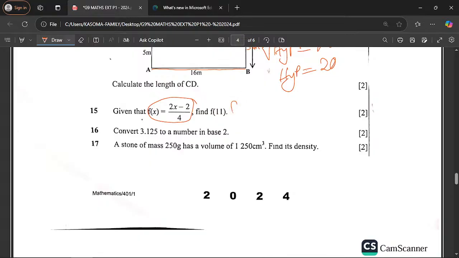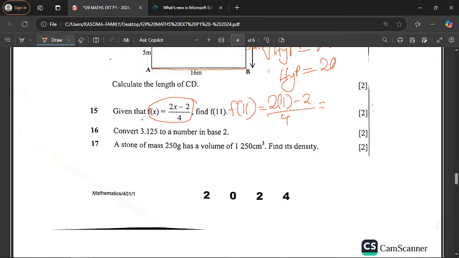So we say f(11) is equal to 2(11) minus 2, over 4. Okay, then what do I do now?